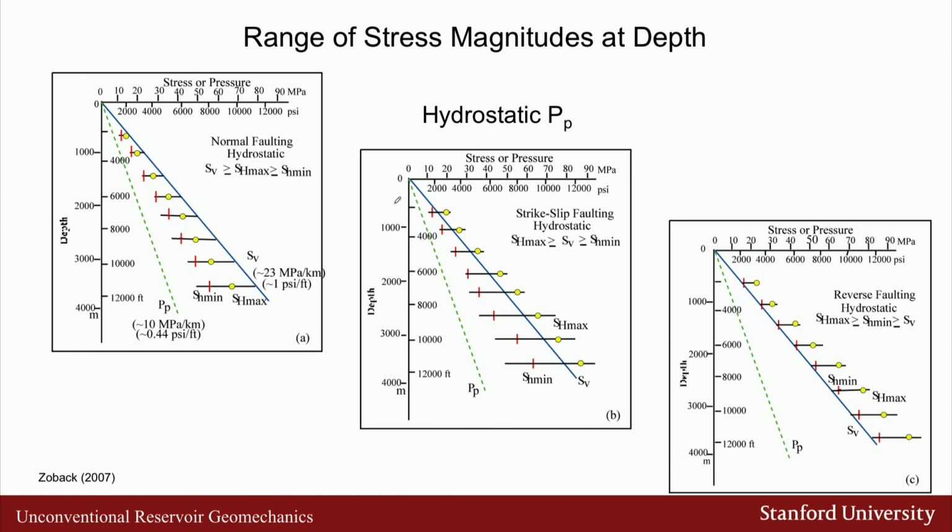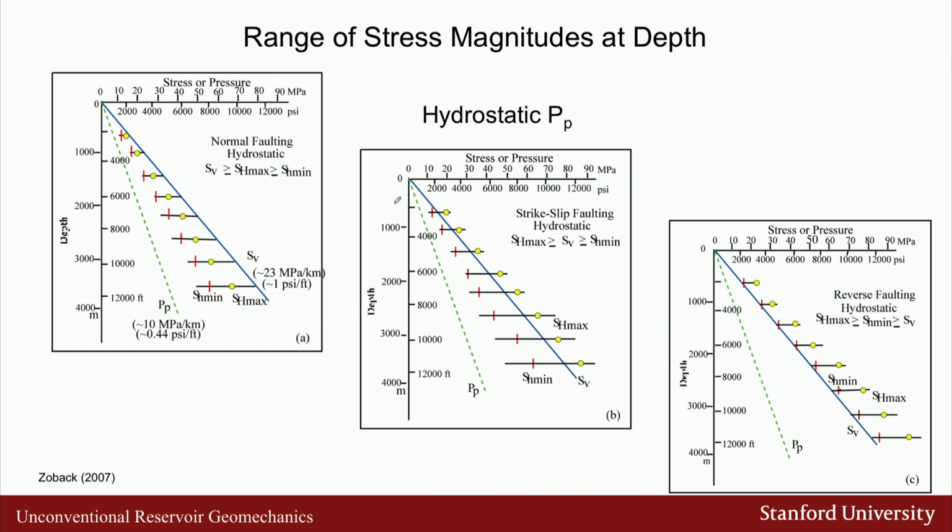Okay, so the stress state here is relatively low compression because the vertical stress is the largest, and the mean stress, the S2, is SH max, which is somewhere between SH min and SV. The strike slip case is more compressive because SH max is now greater than SV.